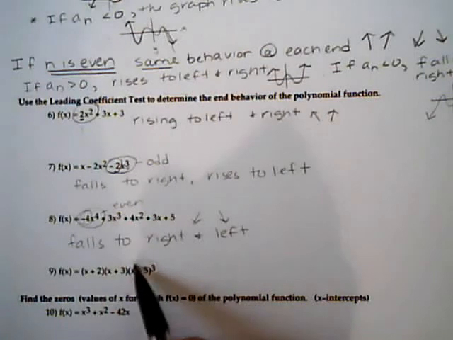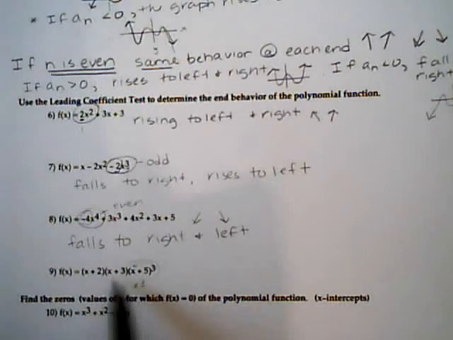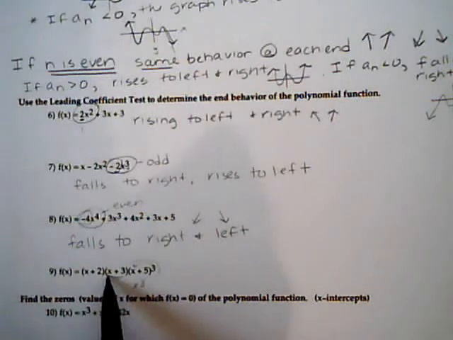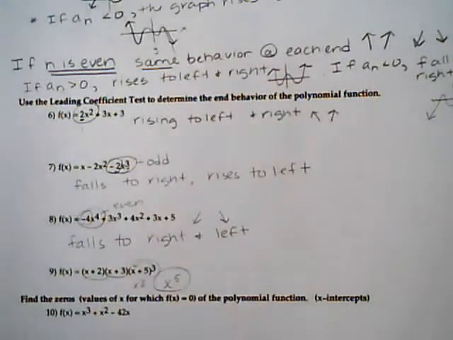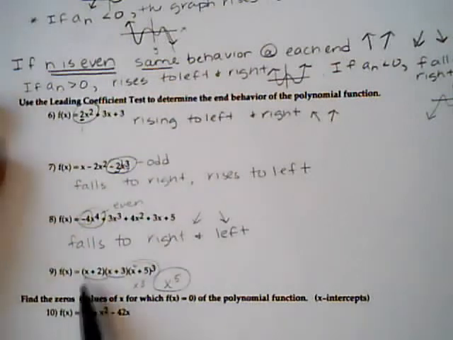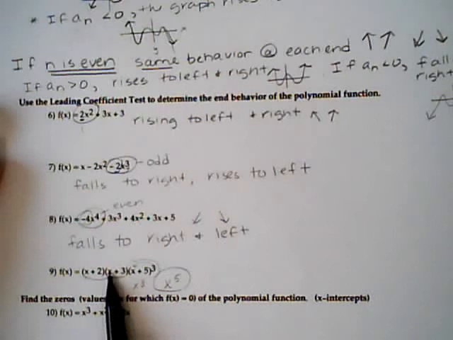Well, I know that this term would end up being an x cubed, and then if I multiplied it by x plus 3, that would give me an x to the 4th, and then again here would give me an x to the 5th. Okay, so if it helps, you could actually multiply these all out exactly, or just look at those first variable terms and know this would be x cubed times x would be x to the 5th.